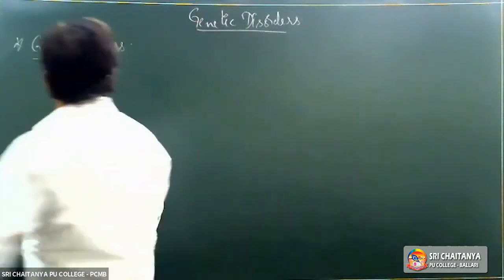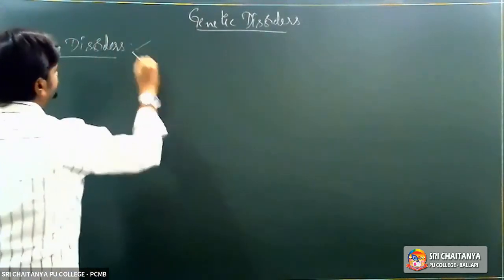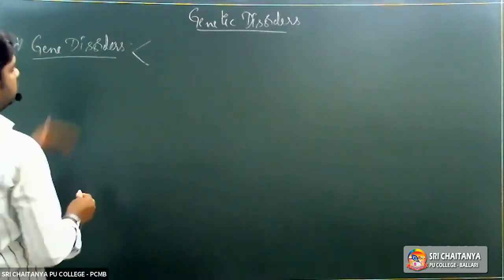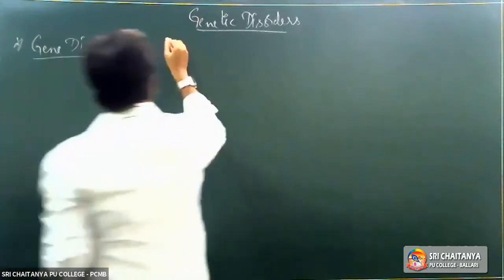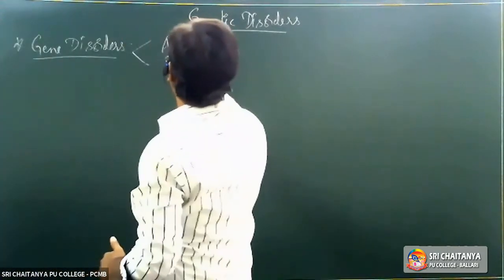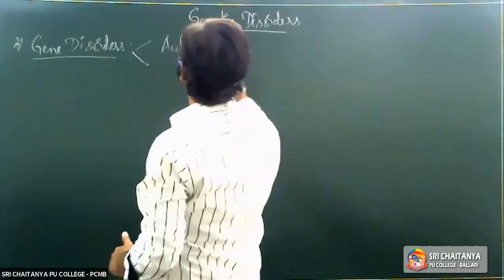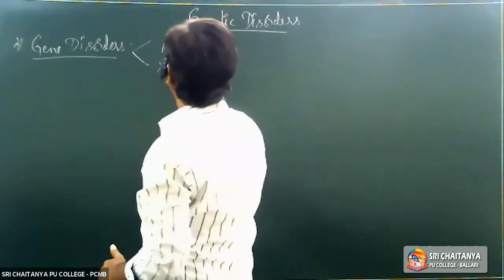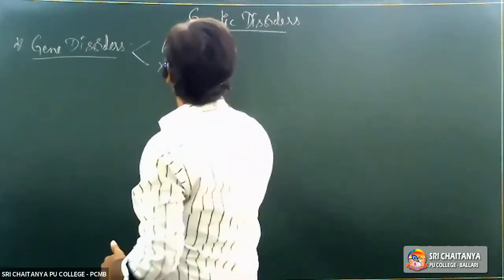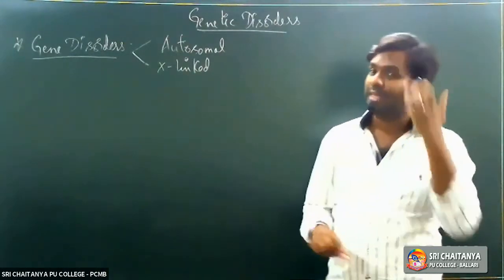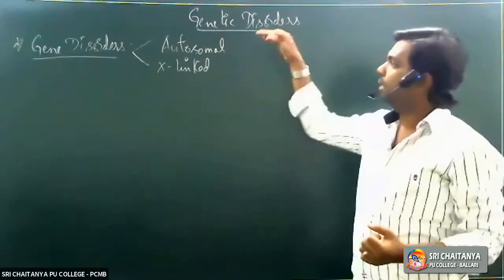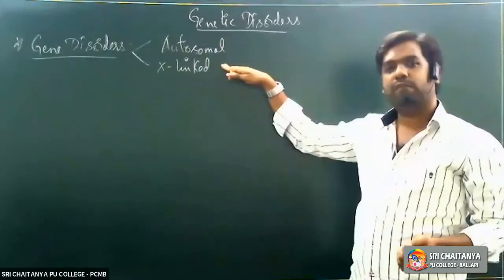Now, as we have already said, gene disorders are classified into two categories, right? One is called autosomal gene disorder and the other is allosomal or X-linked gene disorder. With regards to autosomal gene disorders, what did we see?